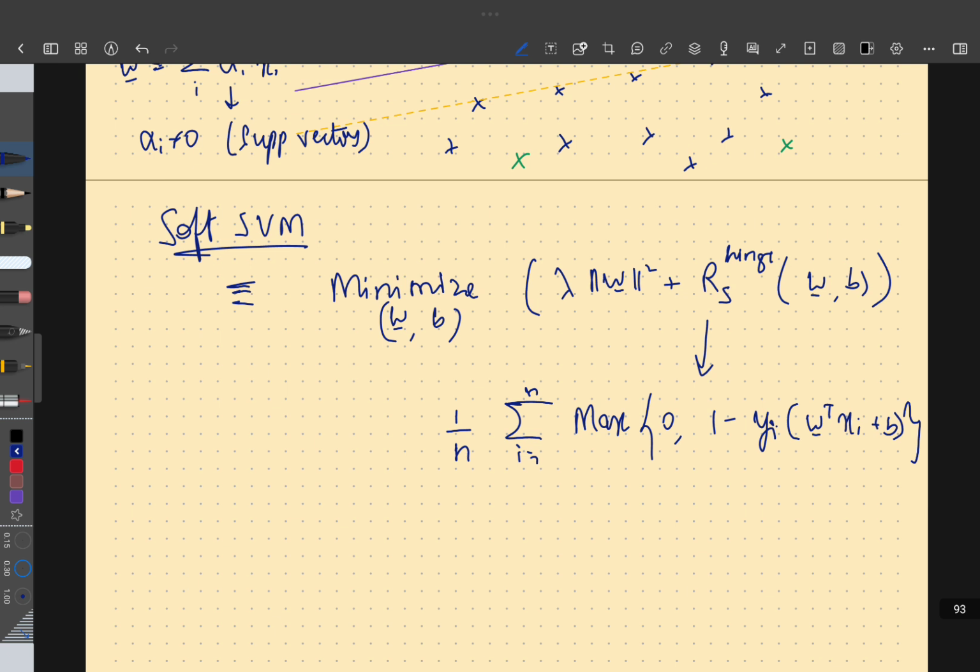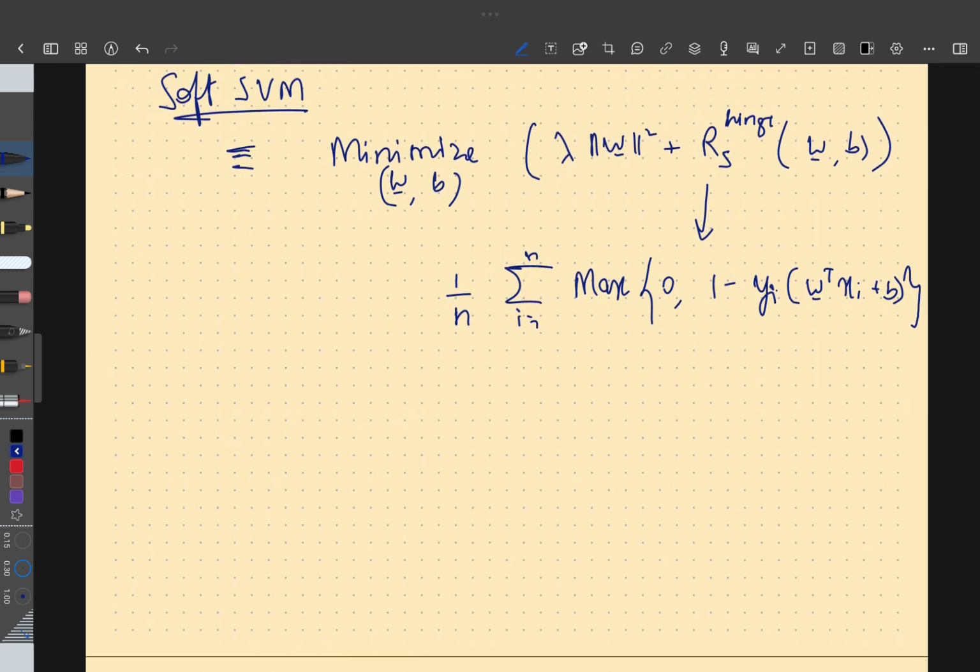Right, and now suppose that this w transpose xi plus b were replaced with yi hat, and consider max between 0 and 1 minus yi times yi hat, where yi hat is either plus 1 or minus 1, and yi is also plus 1 or minus 1.